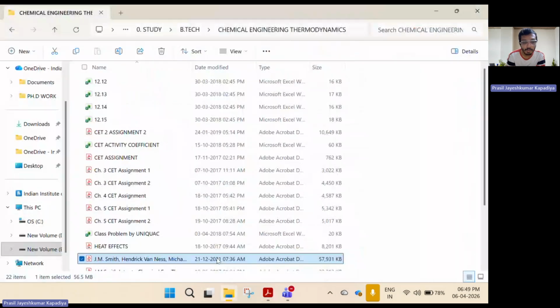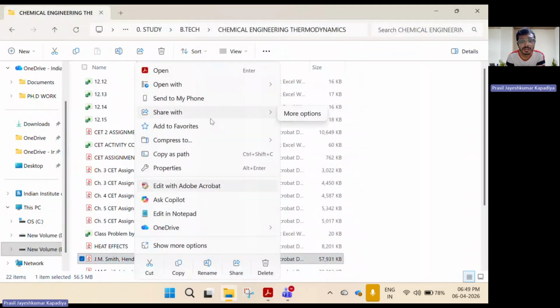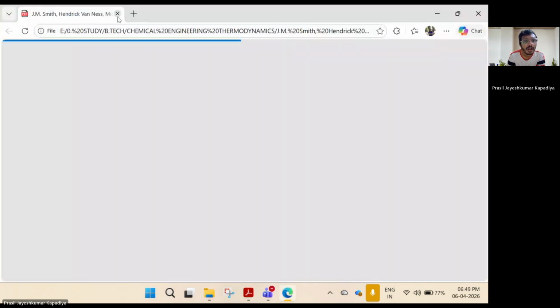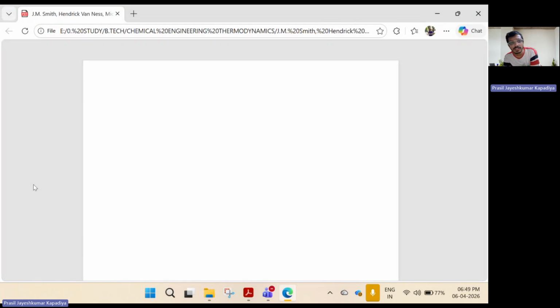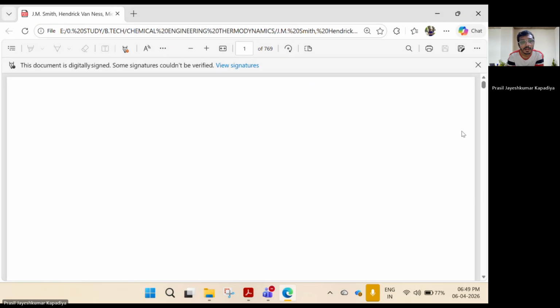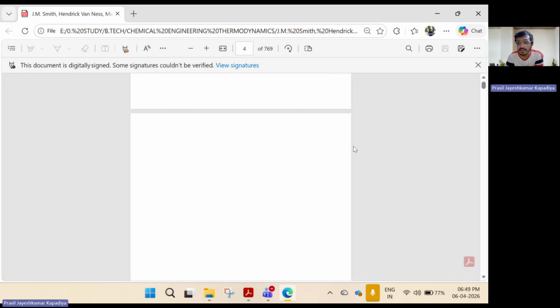So let me open this in another tab. I will just show you some steam tables. It is loading.